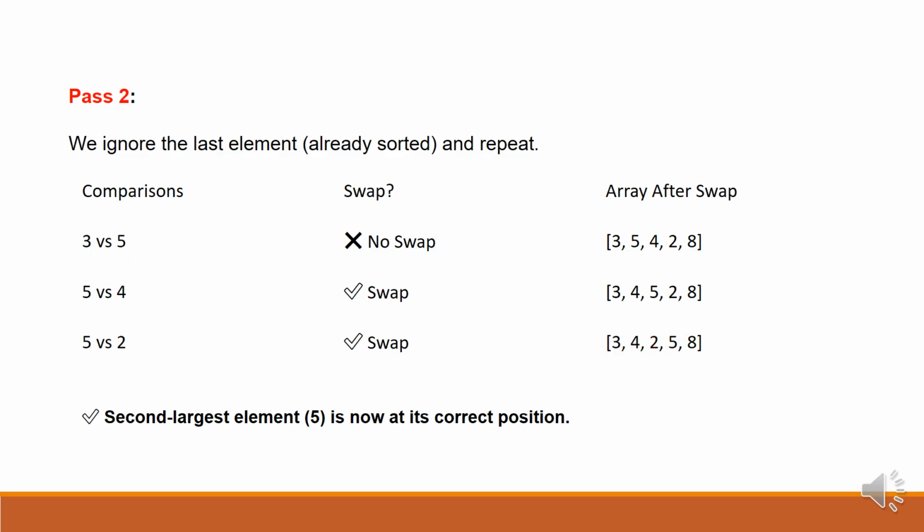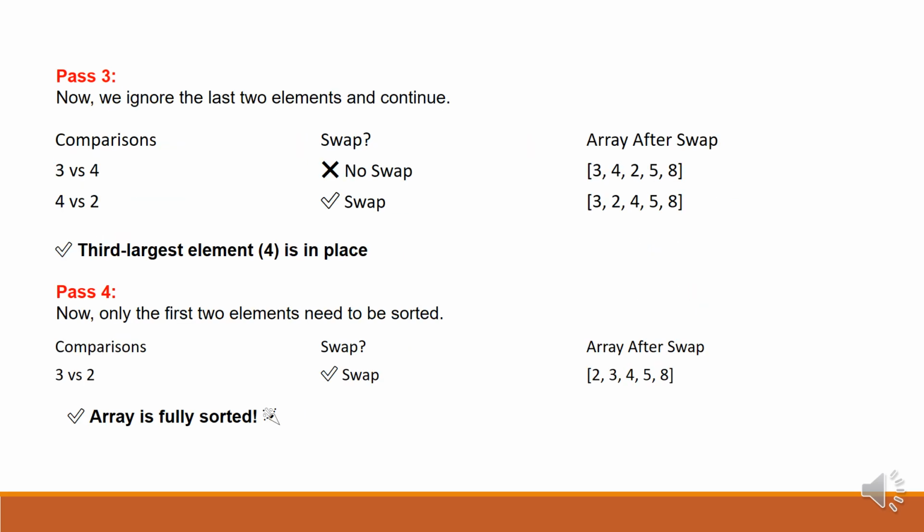Now let's go with the next iteration, because how many iterations are required? N minus 1. So 5 minus 1, 4 passes we need to do. Now coming to this list, 3, 4, 2, 5, 8. Now 3 will be compared with 4. Is swapping required? No, it is less than the next element, so there is no need to swap. Now 4 will be compared with 2.